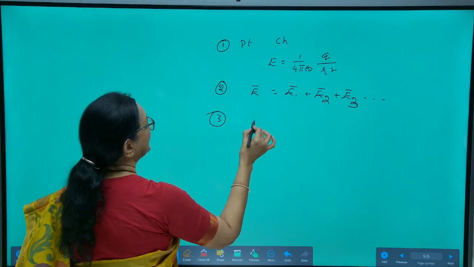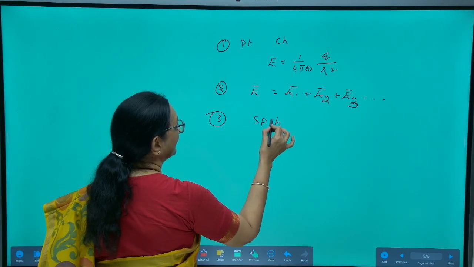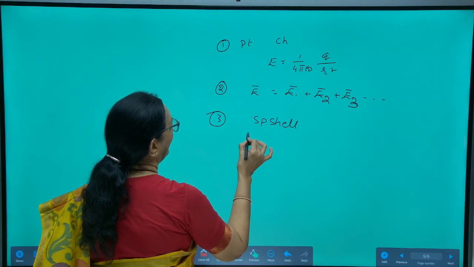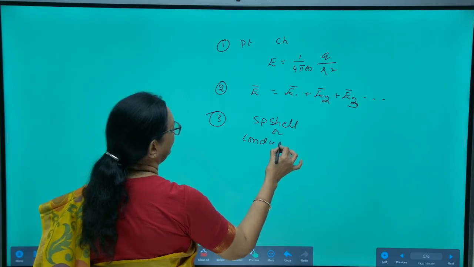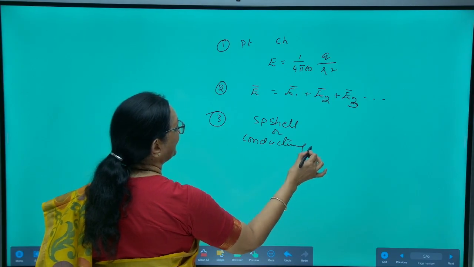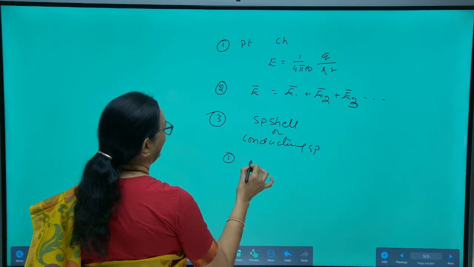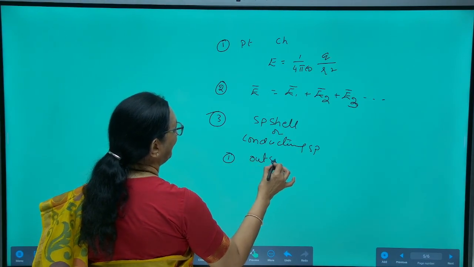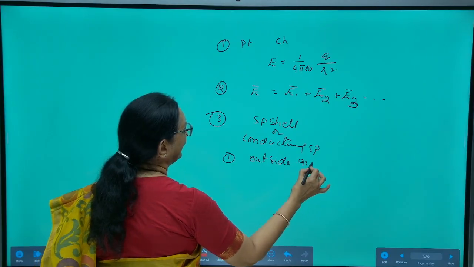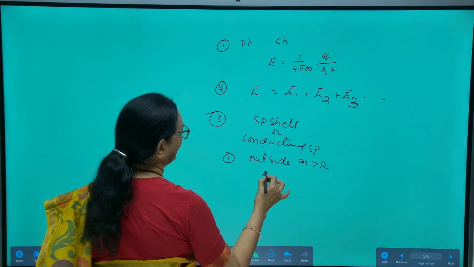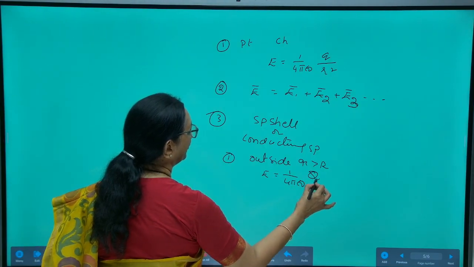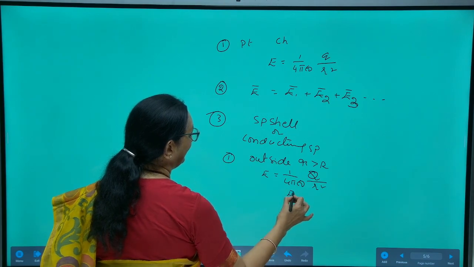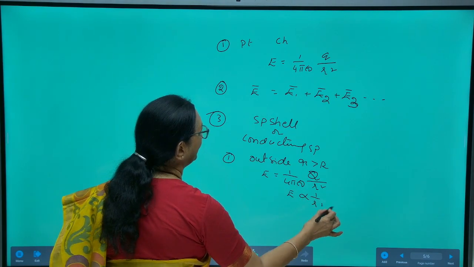Due to a spherical shell or conducting sphere, 1. At any outside point, r greater than capital R, E is 1 by 4 pi epsilon naught Q by r square, E inversely proportional to r square.